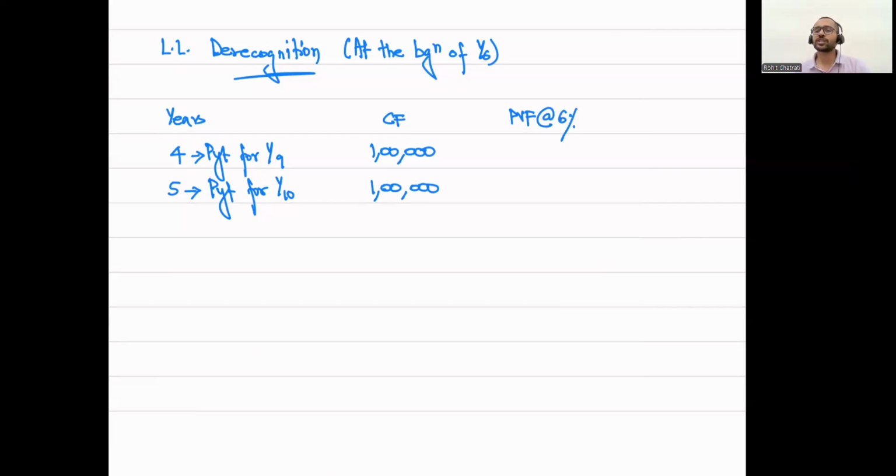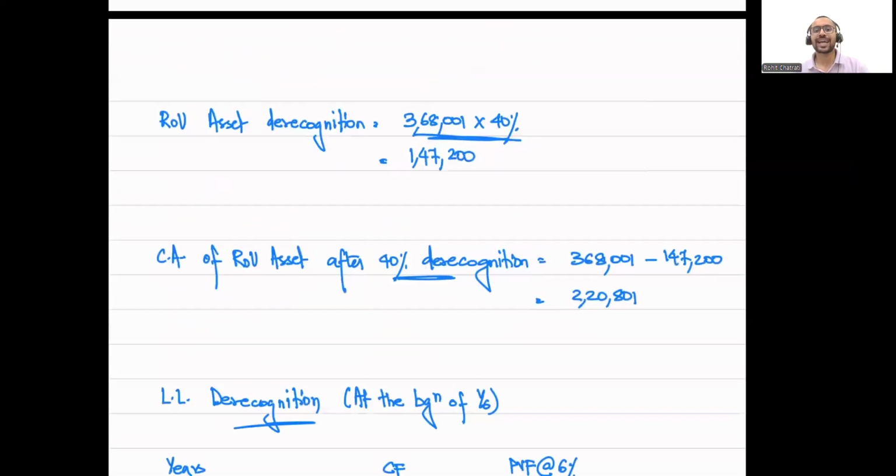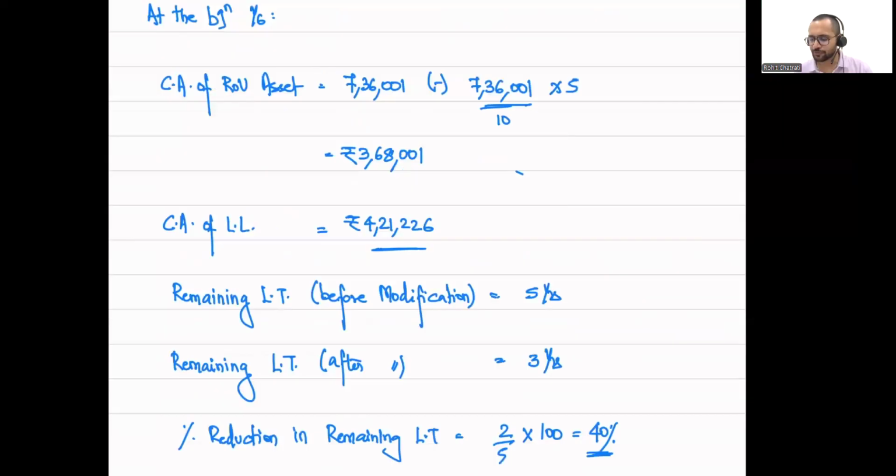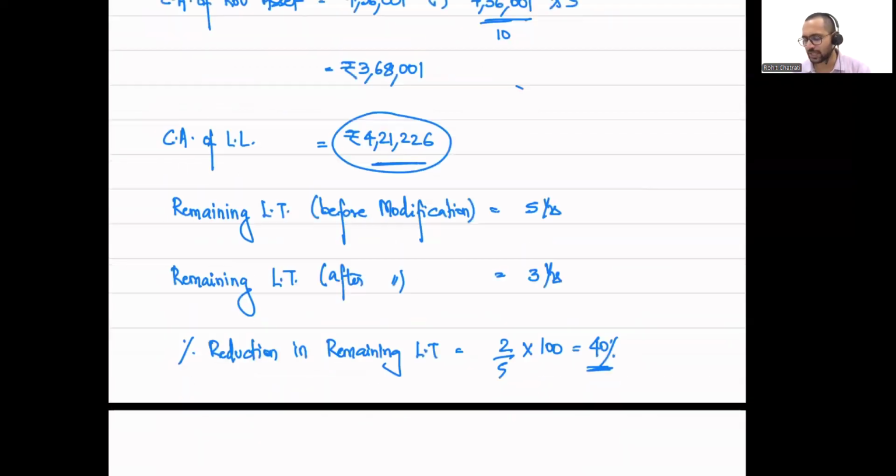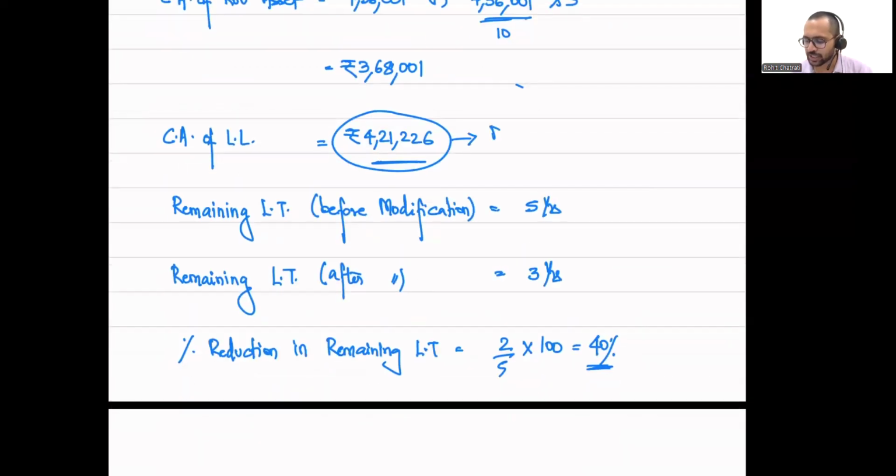Why am I taking the original rate of 6 percent? Because the carrying amount of the lease liability, 4,21,226, actually includes payments for year 9 and 10 as well. Remember, this 4,21,000 is the present value of payments from year 6 to year 10 discounted at the rate of 6 percent.